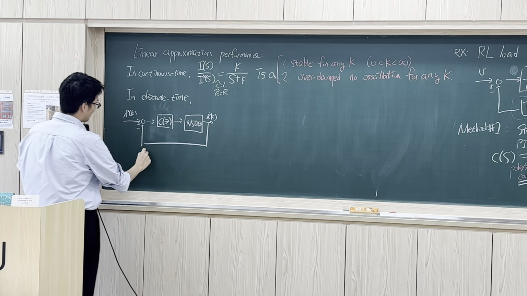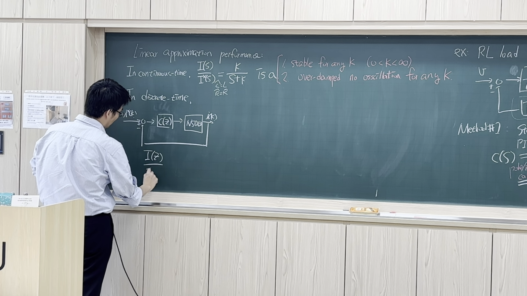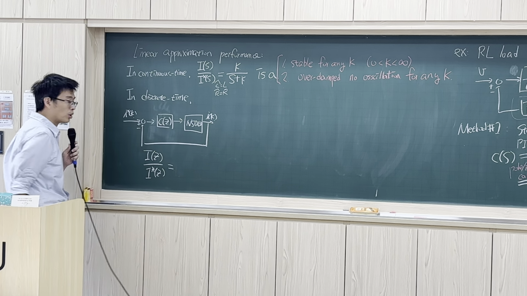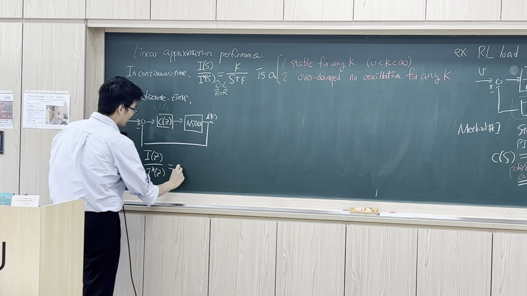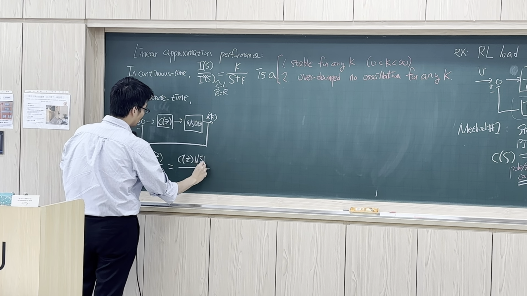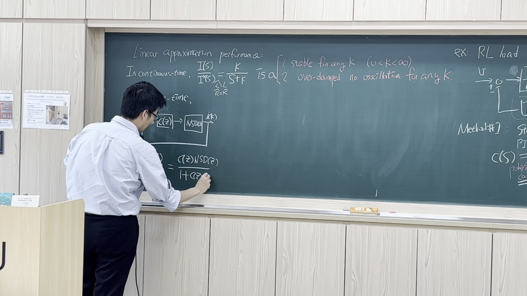So this system in the digital domain, the transfer function, the ratio between output and input, based on Mason's principle, is equal to CZ SDZ over 1 plus CZ SDZ.